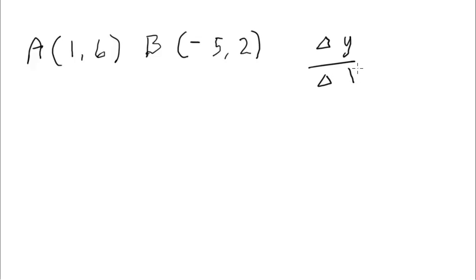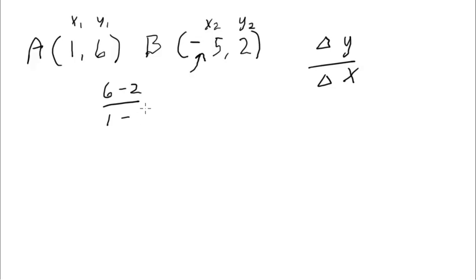Now the one mistake you made, you did your first one right, which was 6 minus 2. So we just say this is x1, y1, this is x2, y2. So you said 6 minus 2, which is correct, over 1 minus, but here you left out this negative.